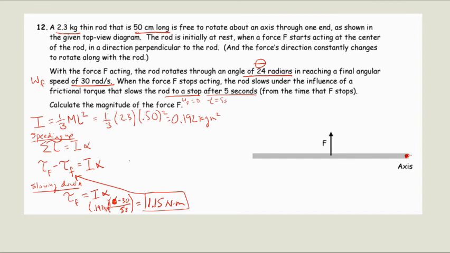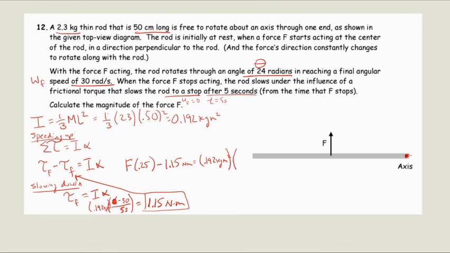So we know that the force applied times 0.25, because it's being applied at the center, minus my frictional force is equal to my moment of inertia, which is 0.192 kilograms times meters squared, times my alpha of my speeding up, my angular acceleration speeding up.